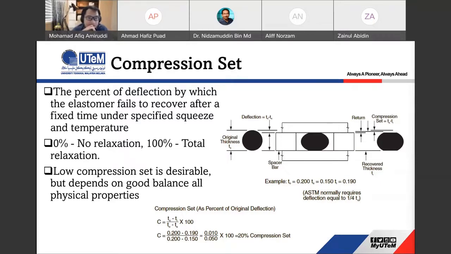So that is the meaning of the compression set. Low compression set is desirable but depends on a good balance of all physical properties. So you have to make sure that compression set is for the O-ring to recover the thickness.